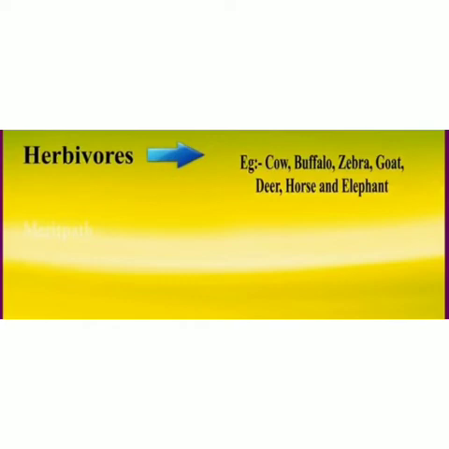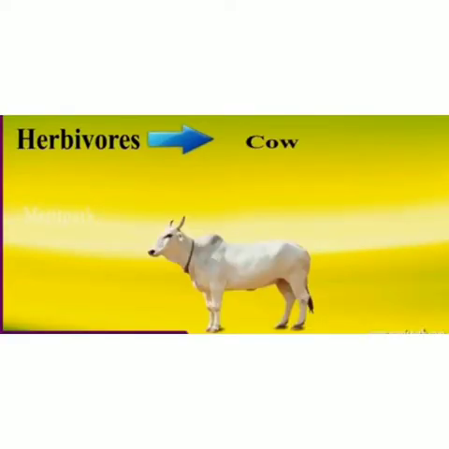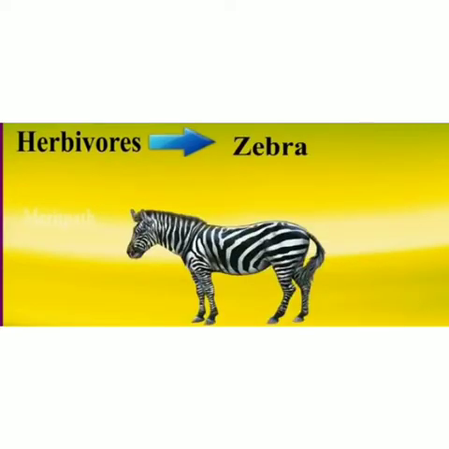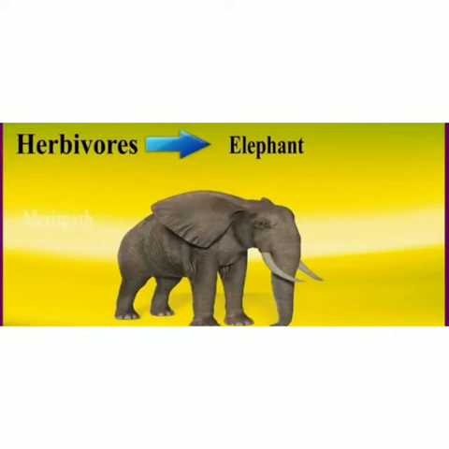You are all familiar with examples of herbivorous animals: cow, buffalo, zebra, goat, deer, horse and elephant. See here, herbivorous: cow, zebra and elephant. These are all herbivorous, plant eaters.